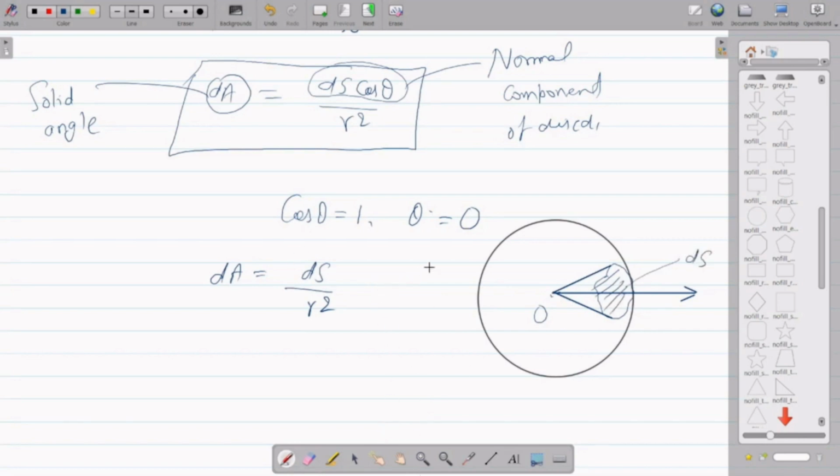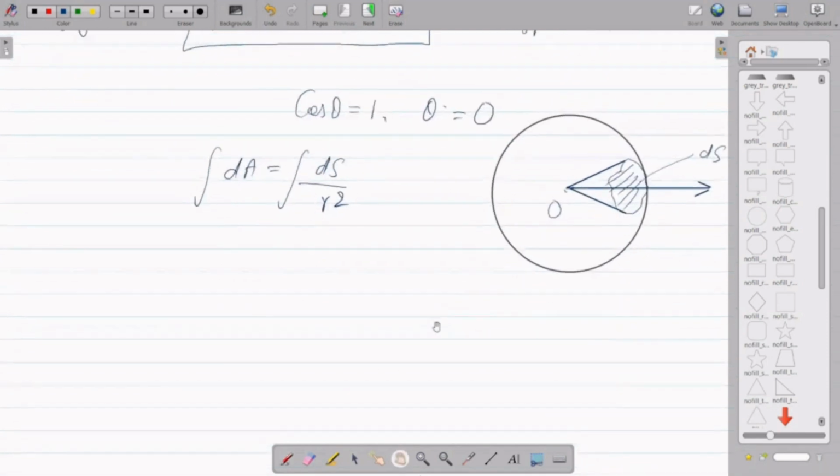And if you want to find the solid angle for a complete sphere, I need to integrate this equation. After integration, that will give you the complete solid angle, let's suppose it is A, and you can take 1 by r square outside the integral sign, and you are just left with ds.